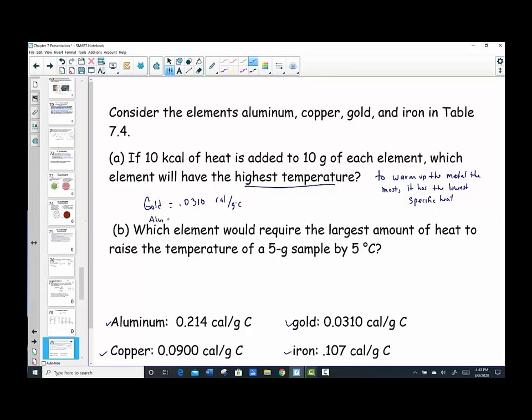Aluminum would be this 0.214. And again, just comparing, this is the smallest specific heat value. This is the largest specific heat value, meaning that this element, gold, would change temperature the most.